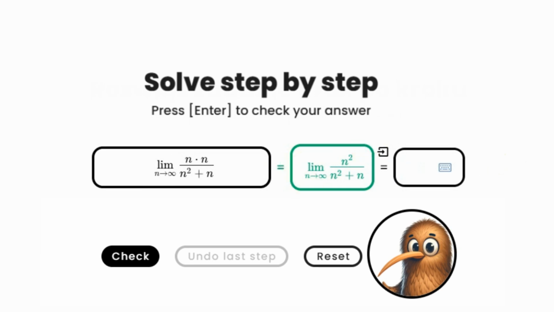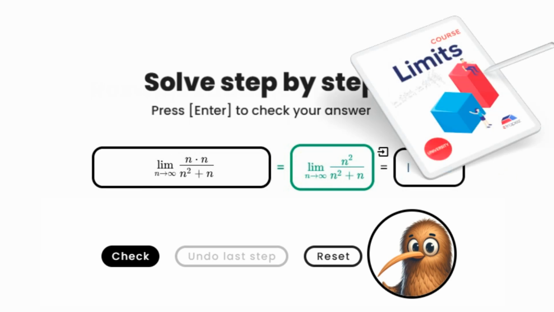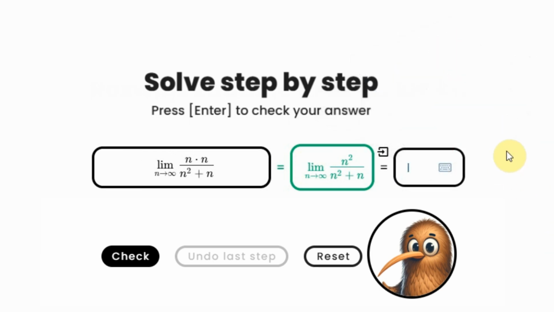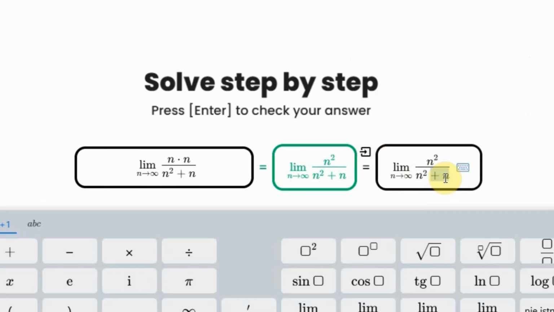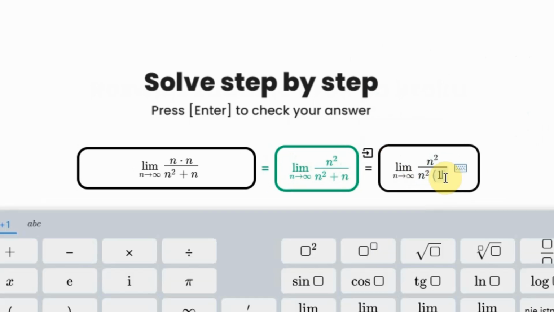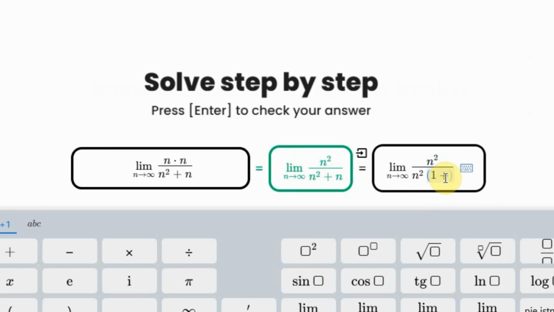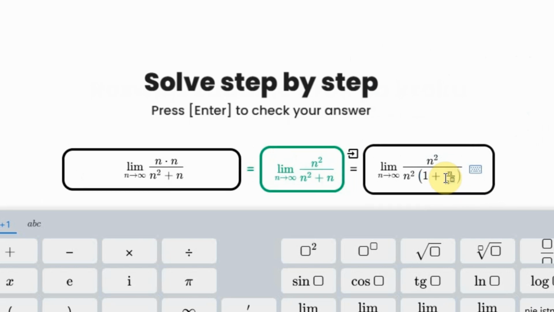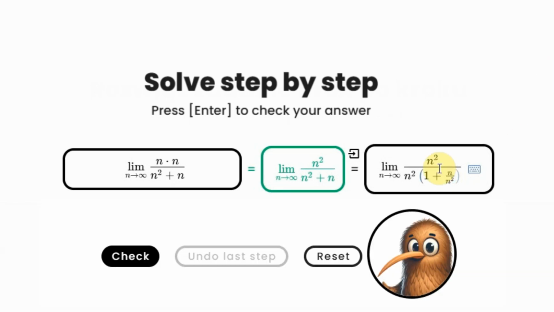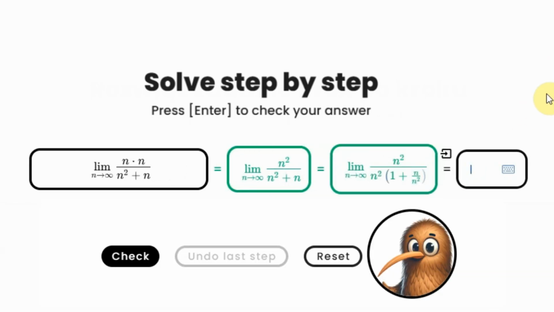So, the factoring method, I assume you are already familiar with it. I also cover it in my course. There's nothing to factor out at the top, but at the bottom I factor out n squared. Agreed, Kiwi.